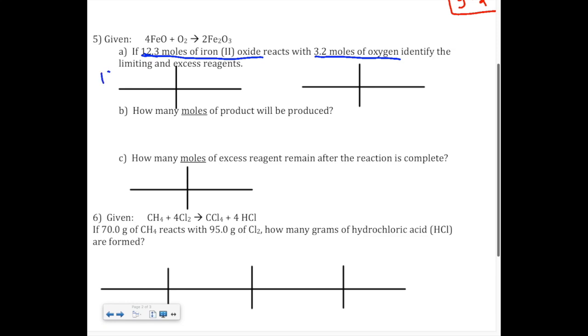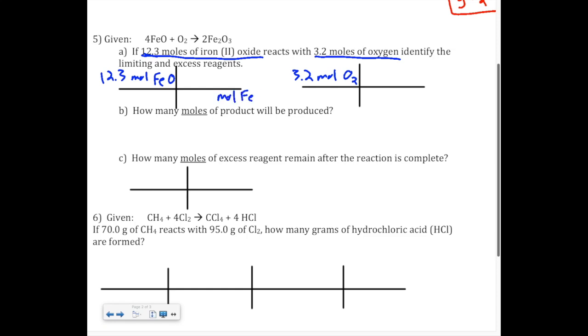So I'm going to put those right here, 12.3 moles of iron 2 oxide, so that's FeO, and then 3.2 moles of oxygen. Okay, and I'm going to convert both of them to the same product, and I only have one product.